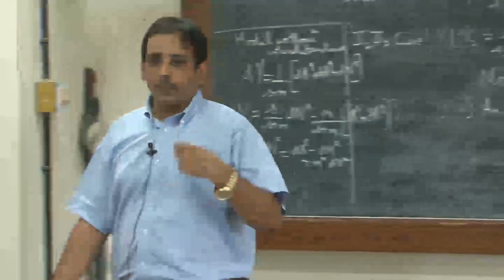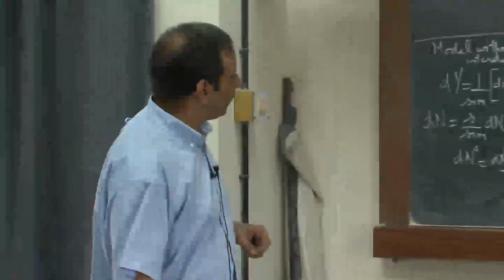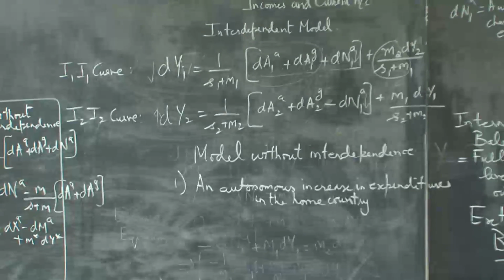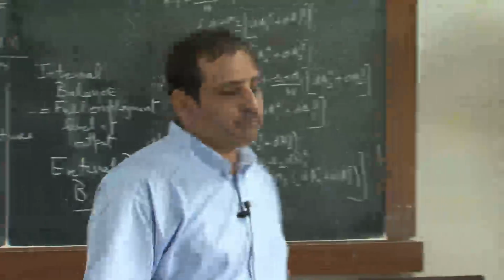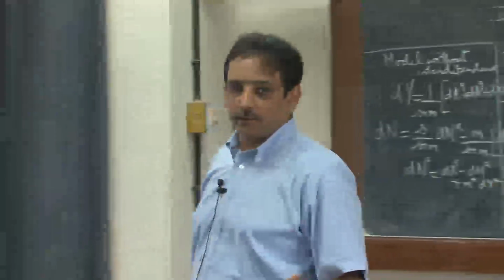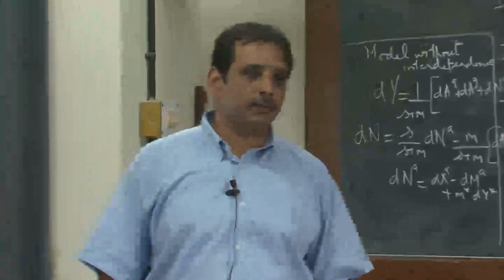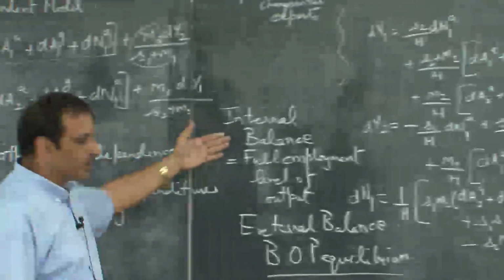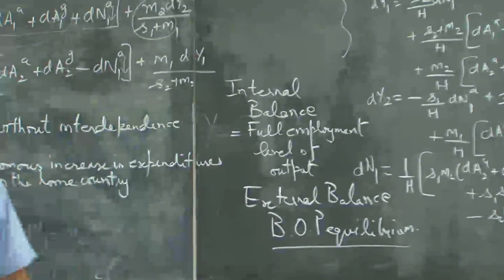So you are out of internal balance, you are out of external balance. The point is, what you should do to bring your economy back to internal and external balance. So to answer that, the answer is to cut back the expenditures, maybe policy induced expenditures, because that will bring the economy back to internal and external balance.